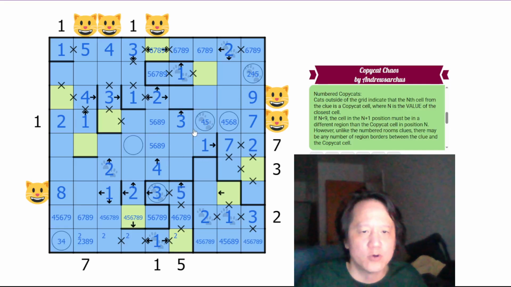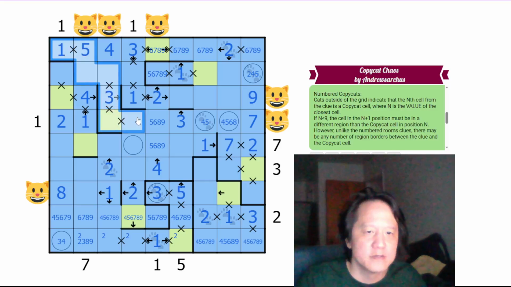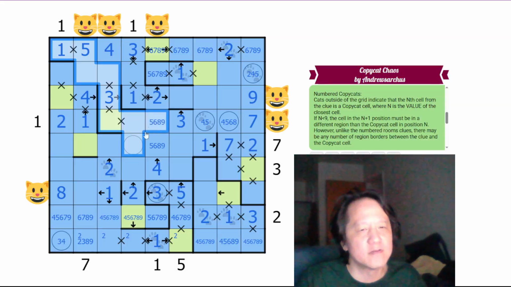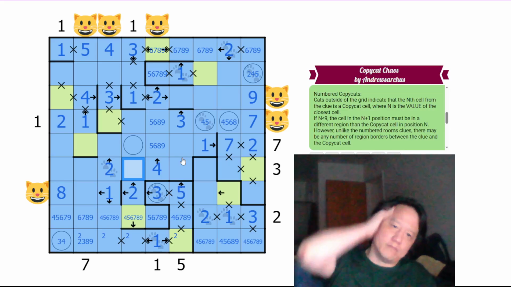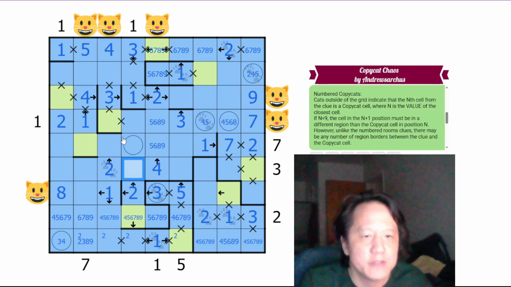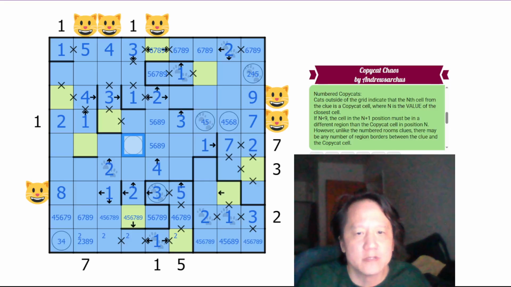And then 1 more between these 2. Okay. 3 boundaries. We have 1 there. This could be 4 if it goes something like that. And then like that. This cannot be 9, obviously.